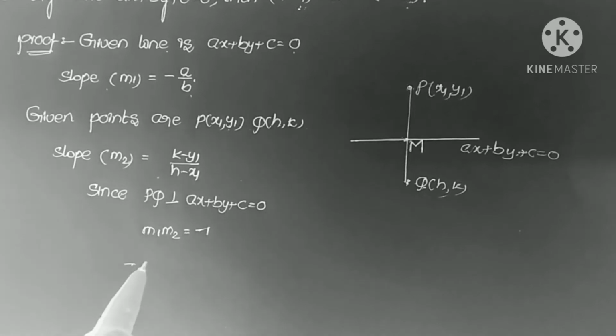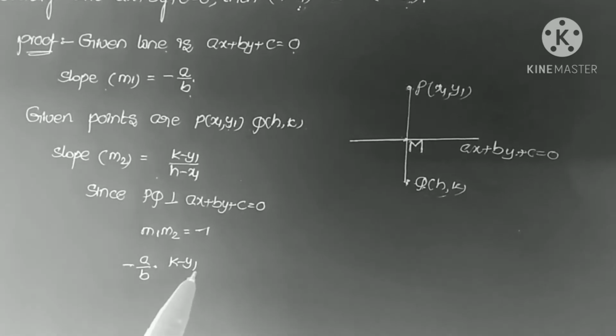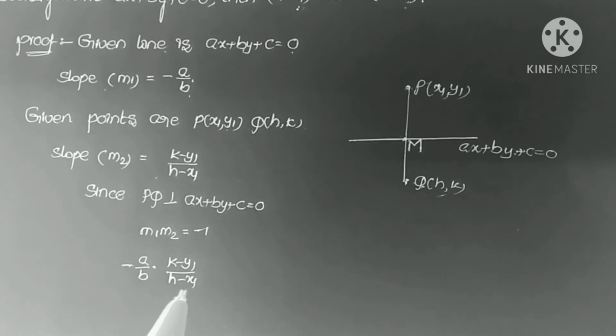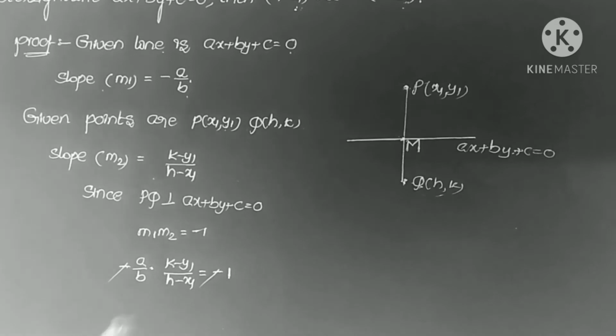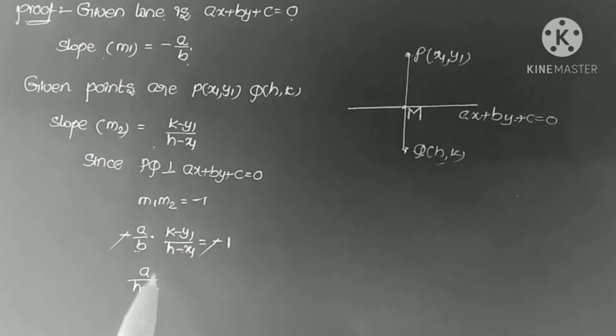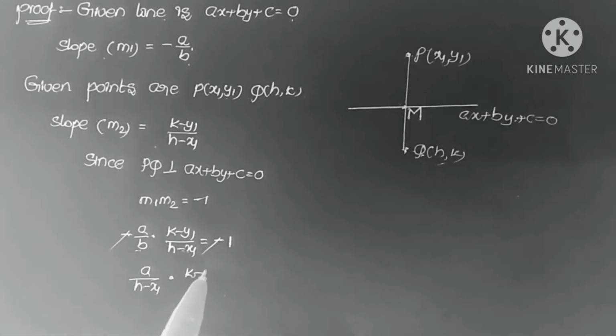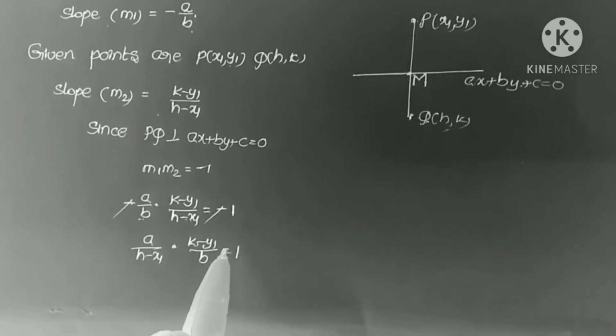Now what is the m1 value? Minus a by b, into what is the m2 value? (k - y1)/(h - x1) is equal to minus 1. Here minus and minus get cancelled, and in the next step we just interchange the places of these two values, that is, a/(h - x1) into (k - y1)/b is equal to 1.